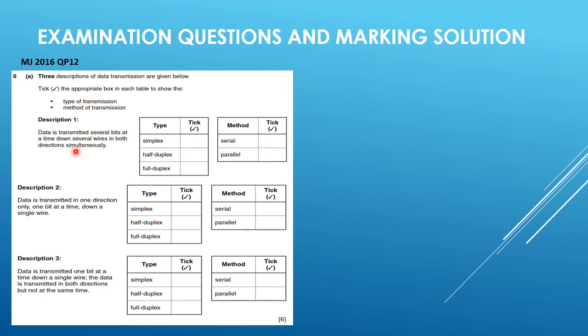We need to focus on the description to put the appropriate tick in these 2 boxes. Okay, data is transmitted several bits at a time down several wires in both directions simultaneously. Data is transmitted several bits at a time down several wires, so this is actually about parallel transmission, and in both directions simultaneously, so this is the requirement of full duplex. So we will put a tick in full duplex and against parallel.